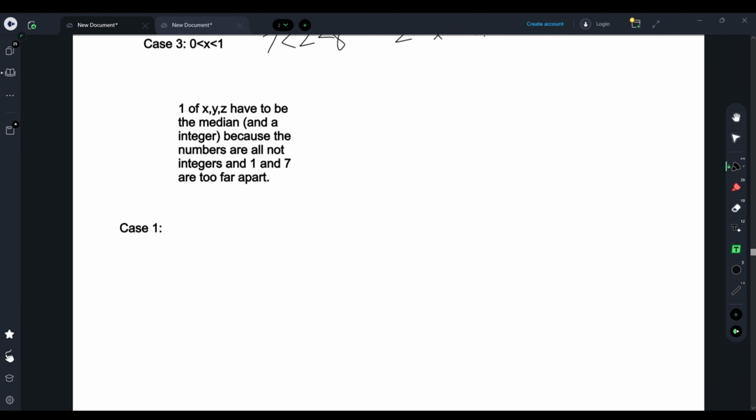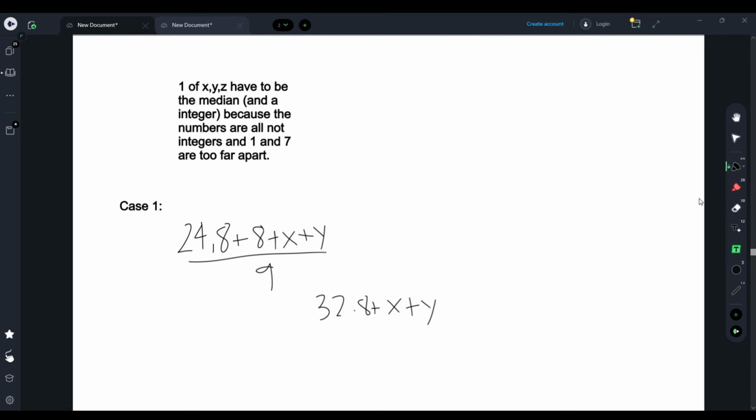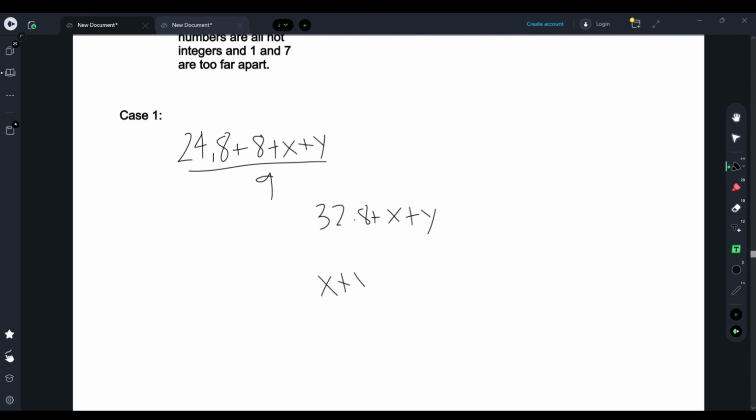So we get 24.8 plus z, which is 8, plus x plus y over 9, and that's the mean. And this has to be a positive integer. So 32.8 plus x plus y is a positive integer. So x plus y is equal to 36 minus 32.8, or is equal to 45 minus 32.8.